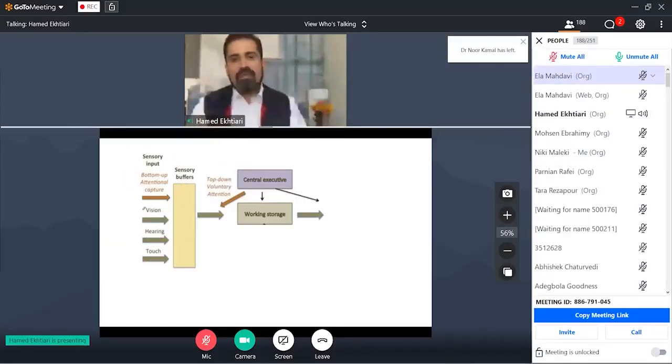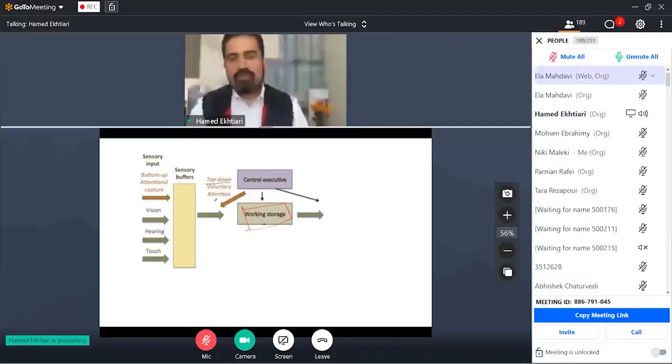The next step would be taking the information that we have from vision, hearing, and touch to what we call working memory. Working memory is going to be an important part of what we are going to discuss in this course: how the information goes through the sensory buffer to working memory. And then we have what we call top-down voluntary attention.